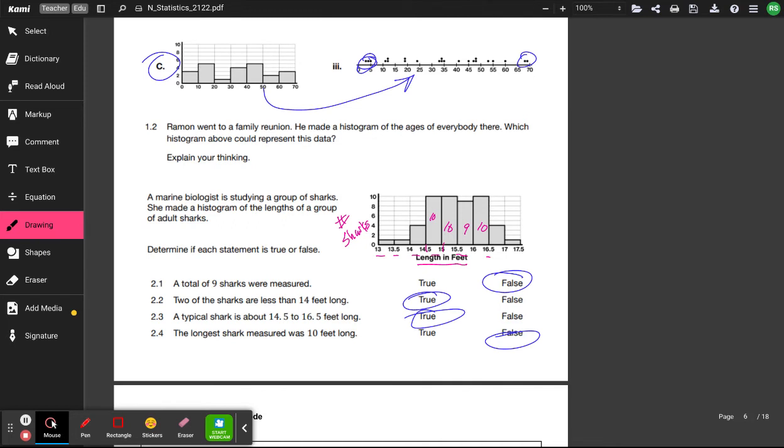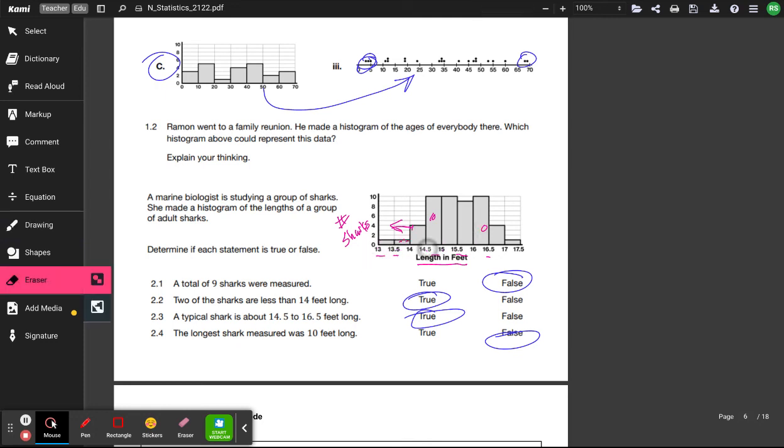We're adding up the total of all of these bars in terms of their vertical height. That'd be the number of sharks. 2 of the sharks are less than 14 feet. 1 shark, 2 sharks. What's everything to the left of 14? These 2 bars both go up to 1. That would be a total of 2 sharks. That would be true. Typical shark says it's 14.5 to 16.5 feet.